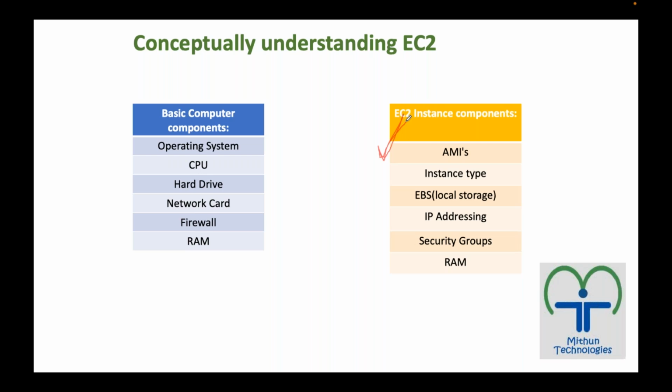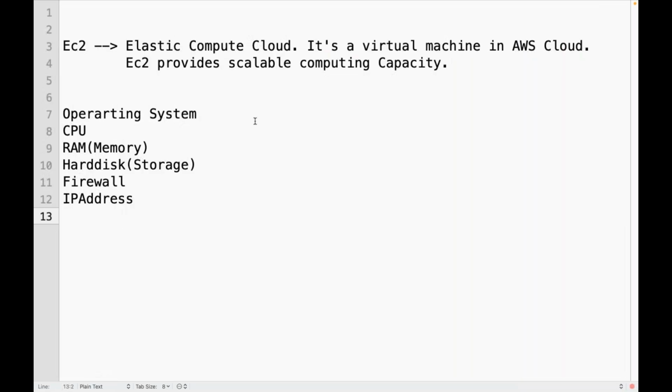In EC2 we call it AMI. This AMI stands for Amazon Machine Image. What is that AMI? Amazon Machine Image.